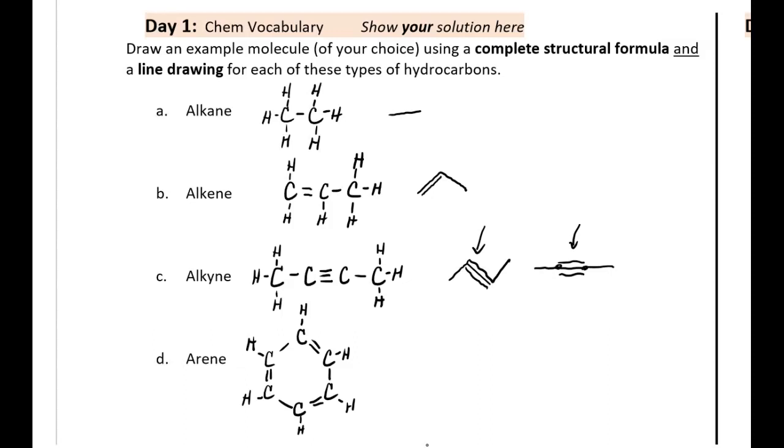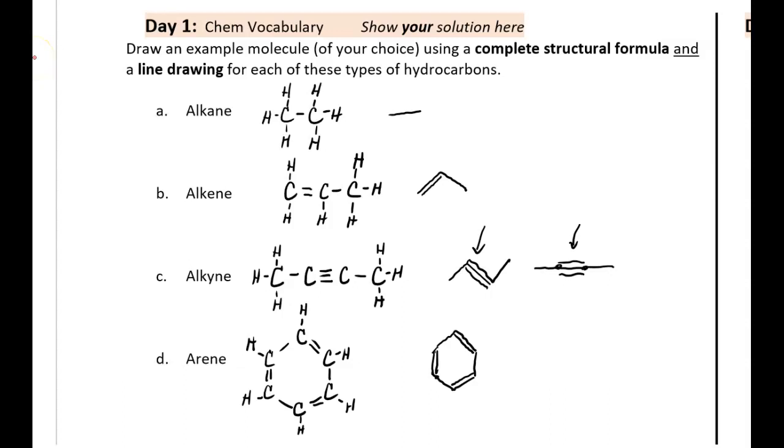Now the line drawing for benzene. One way to draw it is like this. And show the alternating single and double bonds. However, remember that when you draw these, we're trying to duplicate what it actually looks like the best that we can. The single and double bonds in benzene resonate.